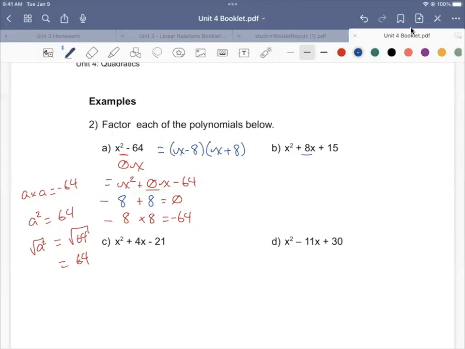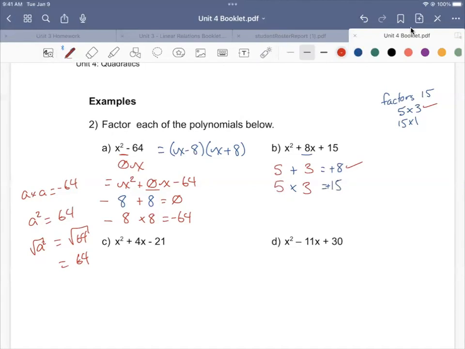So when we take a look here, I have x squared plus 8x plus 15. I need two numbers that add together to give me +8, and they have to multiply together to give me 15. If I look at the factors of 15, I have 5 times 3, and 15 times 1, and that's about it. 5 plus 3 gives me 8, so we know it's that one. 5 times 3 gives me 15.